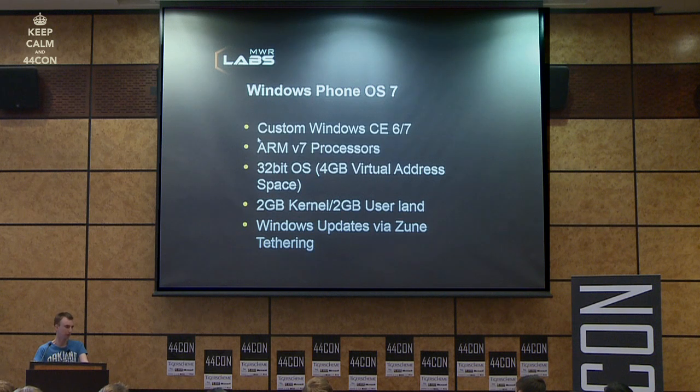It's a 32-bit OS, so that gives you a 4 GB virtual address space, which is divided up into 2 GB for the user land and 2 GB for the kernel. And then finally, the updates for the operating system are pushed out via Windows Update and Zune tethering. And updates are signed, so you can't just apply malicious updates to the phone. They have to be correctly code signed by Microsoft.